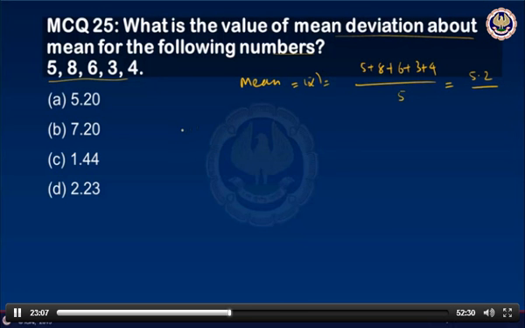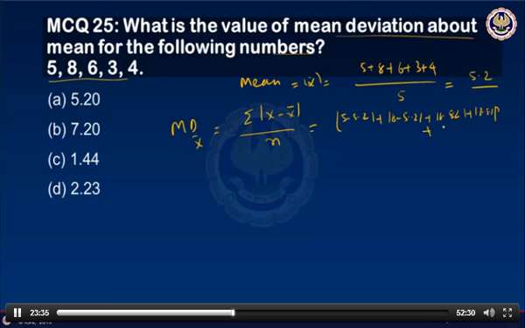Now the mean deviation about mean is computed as follows: summation of modulus of x minus x bar by n observations, that is 5 observations. That is modulus of 5 minus 5.2 plus 8 minus 5.2 plus 6 minus 5.2 plus 3 minus 5.2 plus 4 minus 5.2, whole divided by 5 observations.